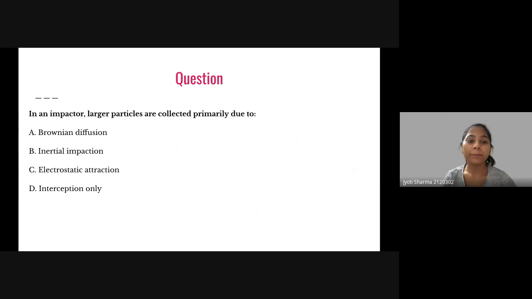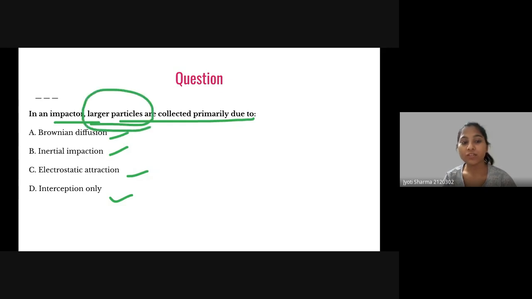Okay. In an impactor, large particles are collected primarily due to Brownian diffusion, inertial impaction, electrostatic attraction, interception only. Yeah, B answer is the right one, because if we are talking about the larger particle, it has more mass, it means the inertia will be more, right?